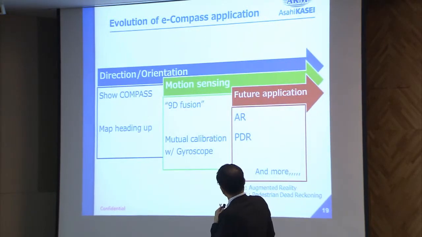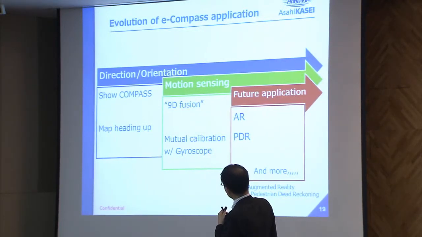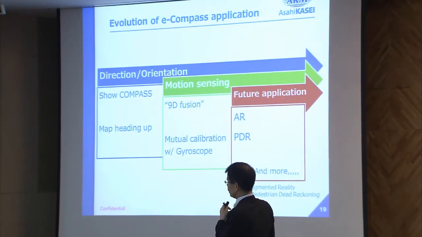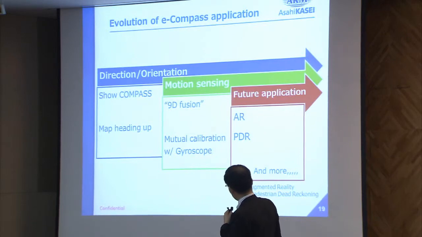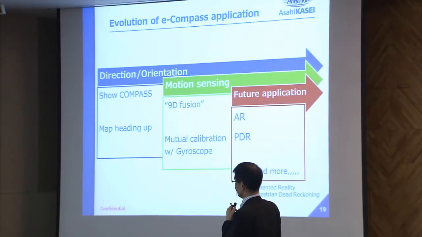So this sheet shows the technology roadmap. The existing service is a navigation system with a 3-axis e-compass. And now our new technology trend is 6D fusion, 9D fusion, adding the accelerometer and gyro onto the 3-axis e-compass.